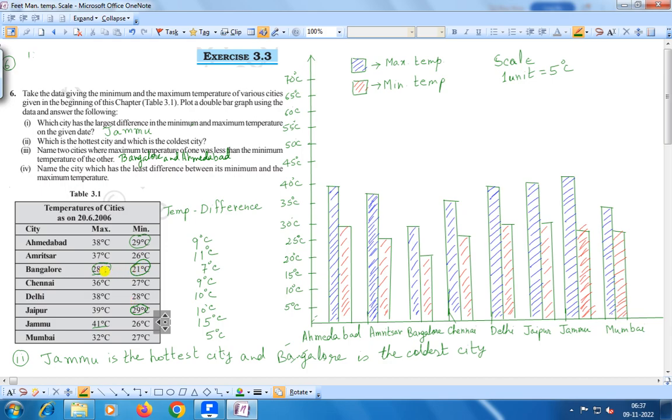Right, here the maximum temperature of Bangalore is 28 degrees centigrade, but the minimum temperature of Jaipur is 29 degrees centigrade. Therefore, you can also write Bangalore and Jaipur. Here, we are writing Bangalore and Jaipur also.